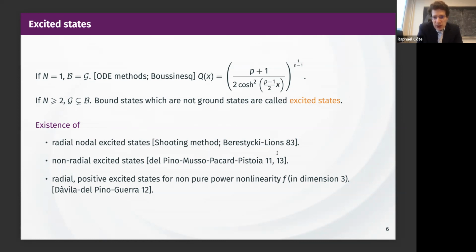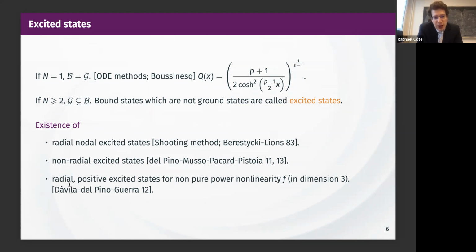That was done by Berestycki-Lions. They did two papers. The first paper was the existence of one, and the second paper was the existence of plenty, but all radial. And if you're looking at non-radial, they do exist too. There are several papers by Del Pino, Musso, Pacard, and Pistoia.